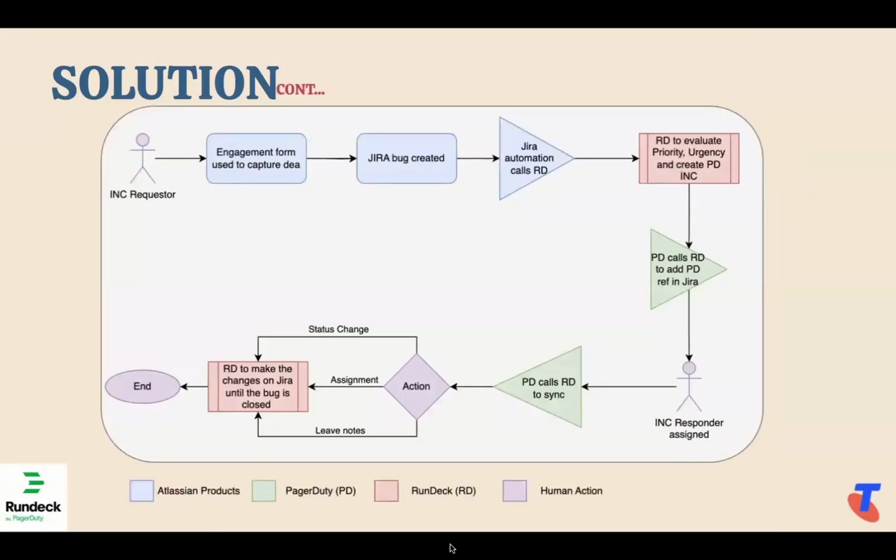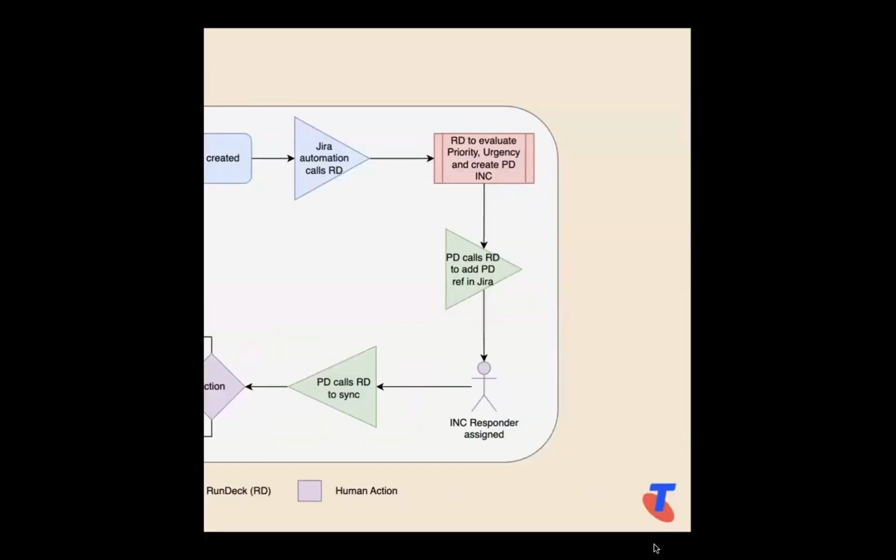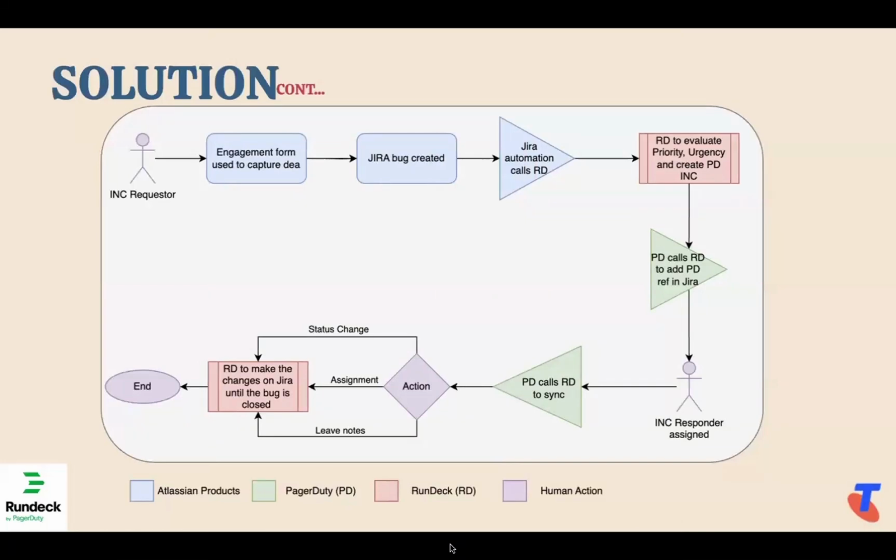That type of thinking went into building the solution, and we ended up with this kind of flow, so I'll quickly run through it. The purple bits are the only human bits, and those did not change with what we did. We had a few other components: the blue ones are the Atlassian product set. The incident engagement form sits as a config form in our wiki and creates a Jira ticket.